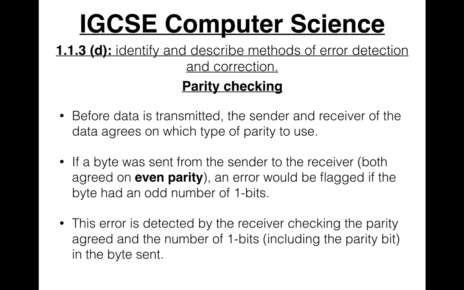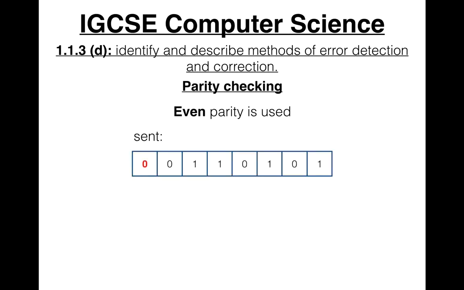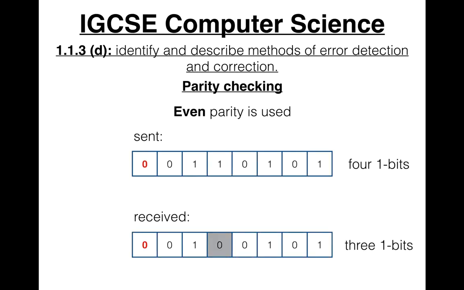This error is detected by the receiver checking the parity agreed and the number of 1 bits, including the parity bit, in the byte sent. So, for example, if you were to send this, with the parity bit of course, and the receiver receives this, well, this is four 1 bits, and this is 3, so clearly an error has occurred in the transmission of this.